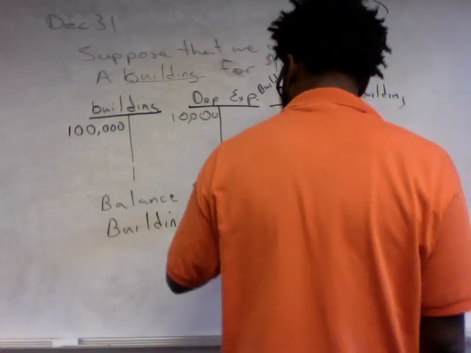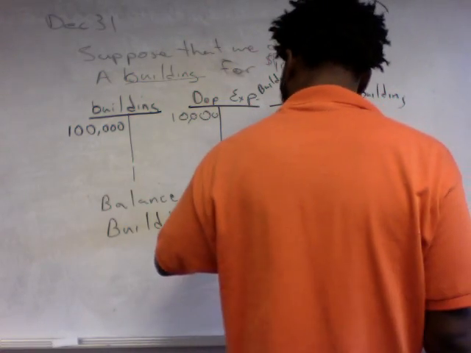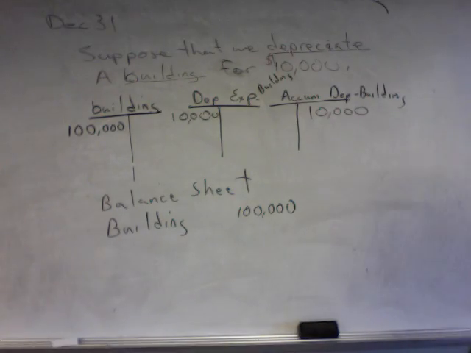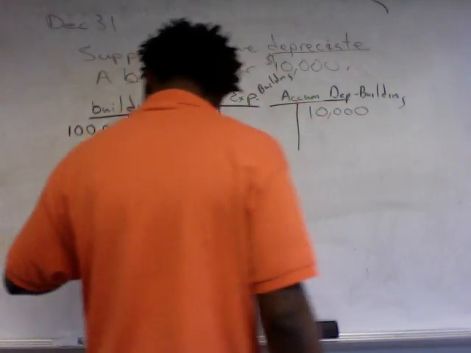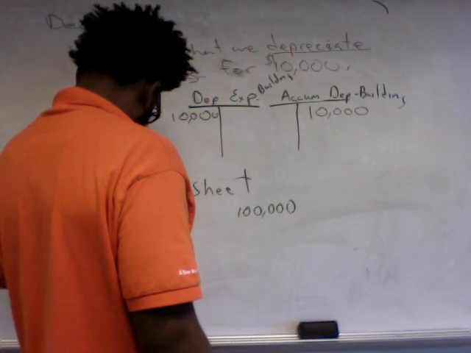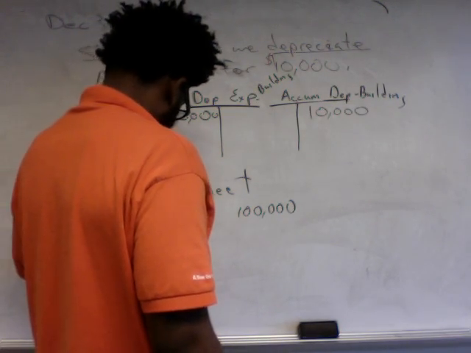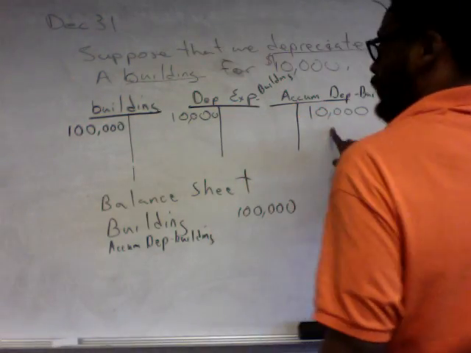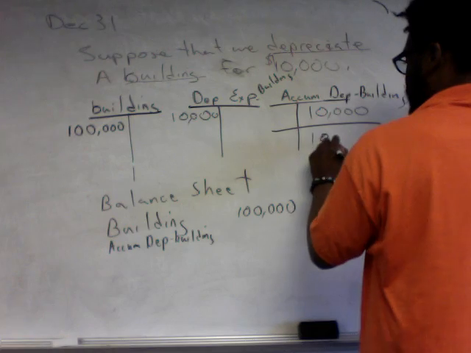You're going to report your building for the cost, which never changes, the $100,000. But directly under it, you're going to list the accumulated depreciation, the contra account, accumulated depreciation slash building, for the amount, which is a total of $10,000.